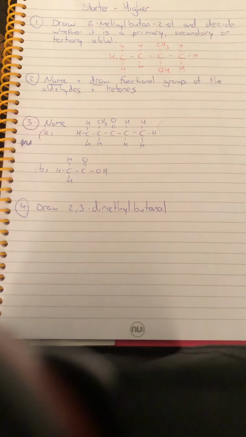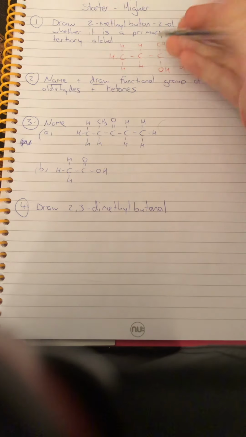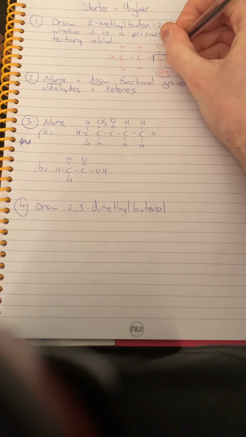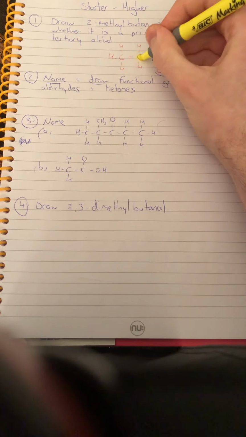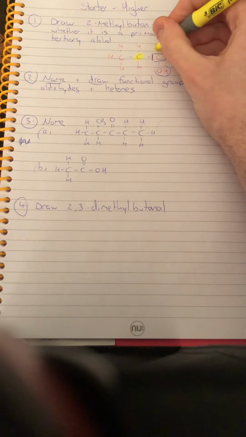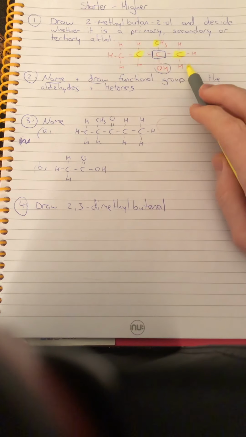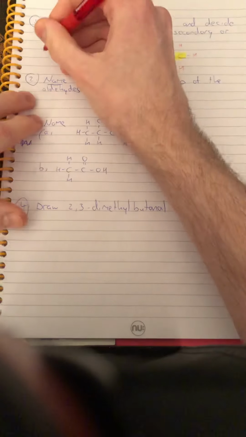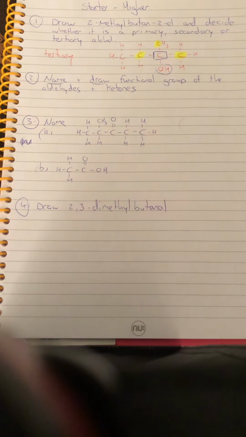And when we're deciding whether it's primary, secondary or tertiary, we find the OH group and then we focus on the carbon that's attached to it, okay? Then we focus on the carbons that are attached to that carbon. So we have 1, 2, 3 carbons attached to the carbon that's attached to the OH group. So this is a tertiary alcohol, okay?